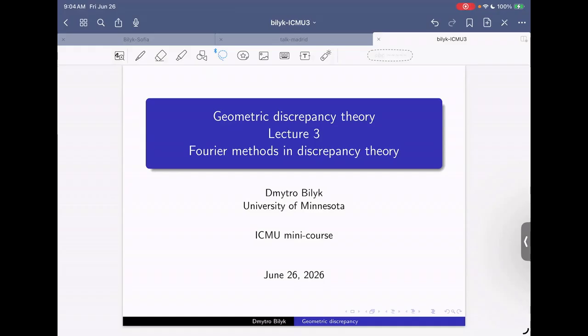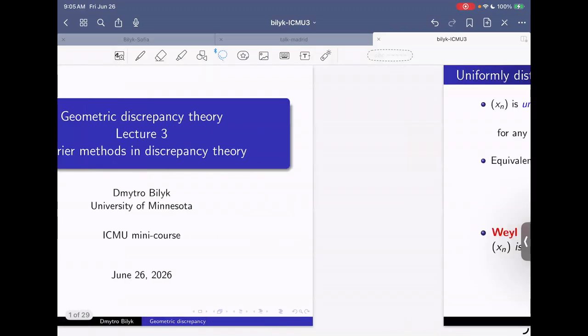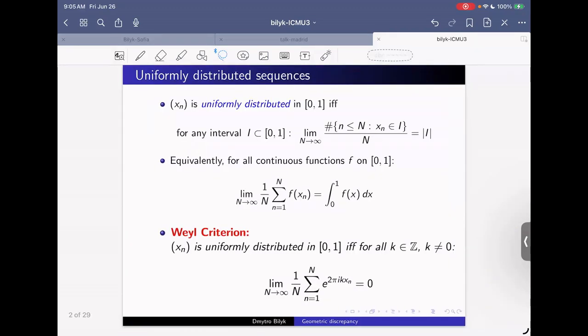But in this lecture, we will deal with methods which are purely Fourier. The lecture will consist of three parts, and the first part goes back to the very basics of the theory. The whole theory started with a seminal paper of Hermann Weyl from 1916, if I'm not mistaken, called Uniform Distributions of Sequences, in German.